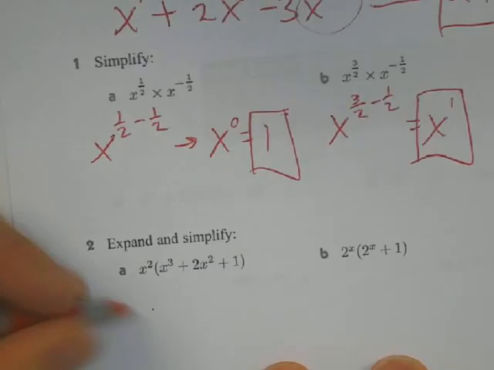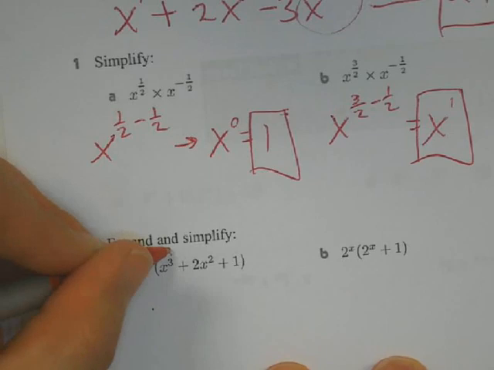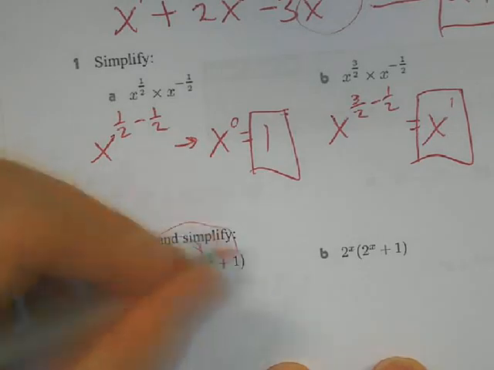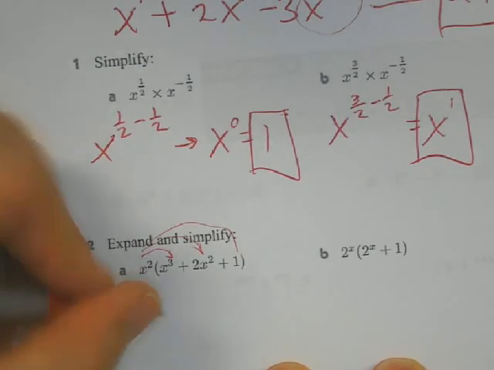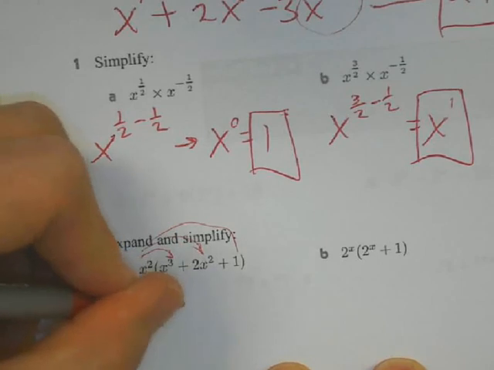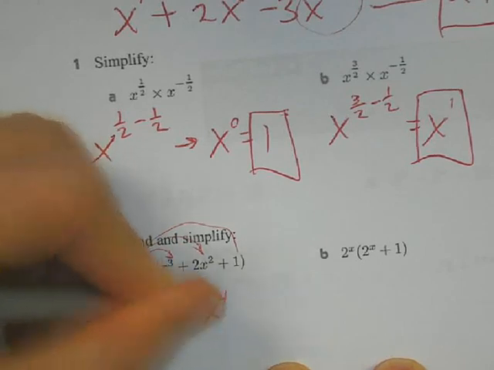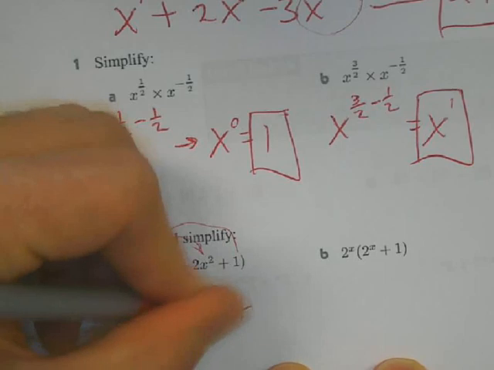And then, okay, so that power needs to get multiplied. So we have x squared times x cubed gives me x to the 5th, plus x squared times 2x squared gives me 2x to the 4th, and x squared times 1 gives me x squared.